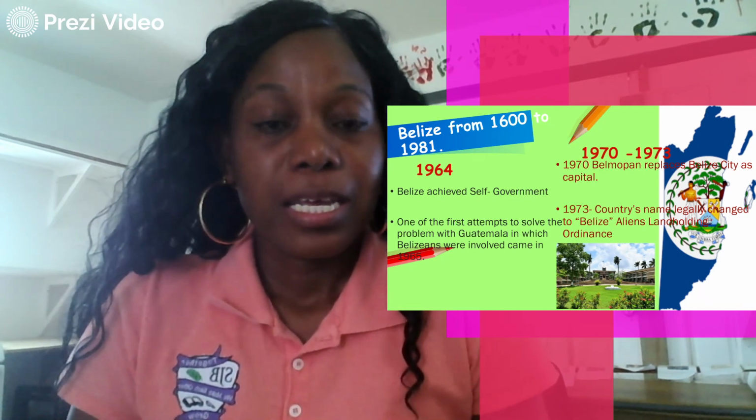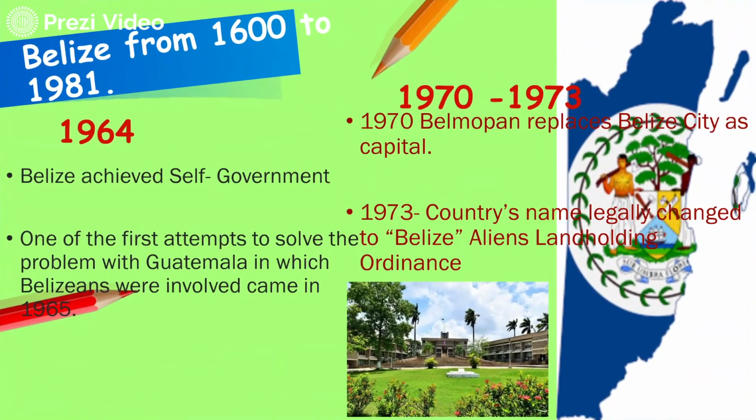In 1970 and 1973. In 1970, this is when our capital city, Belmopan, was recognized as the center of our nation. It was recognized as the capital of Belize.